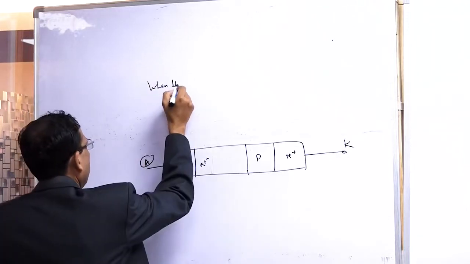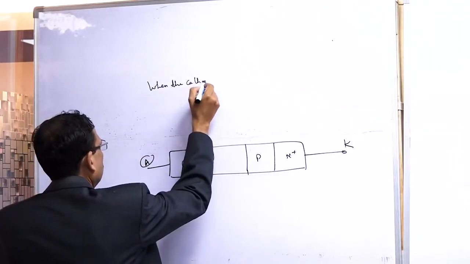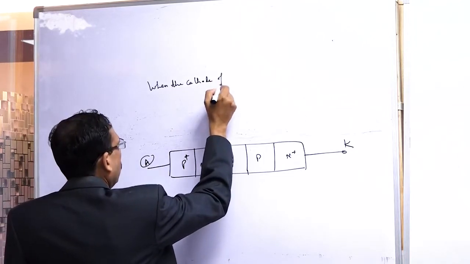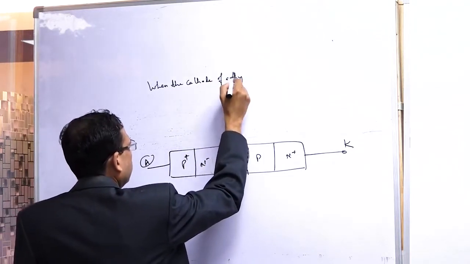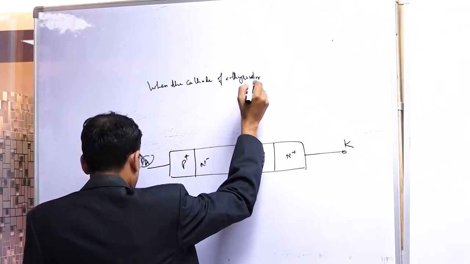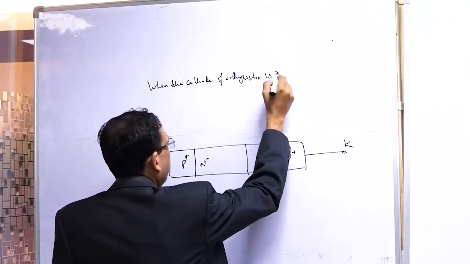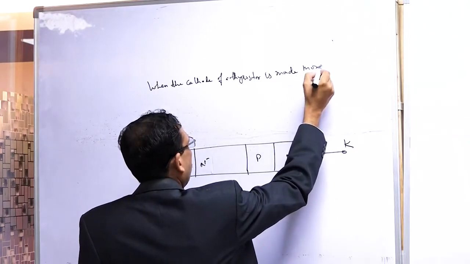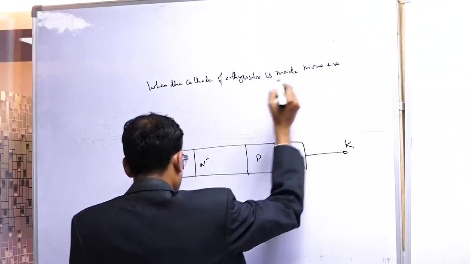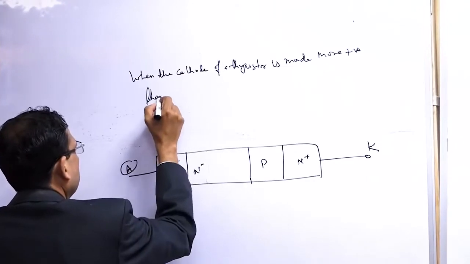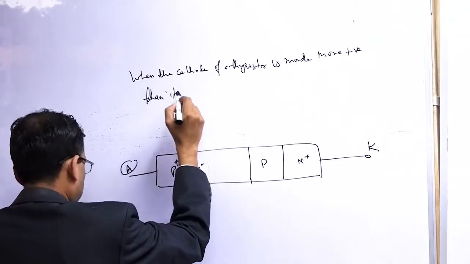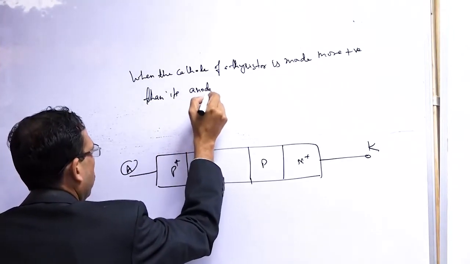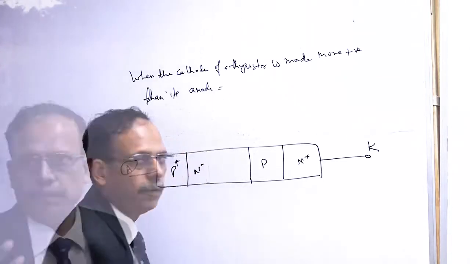When the cathode of a thyristor is made more positive than its anode, then correct.